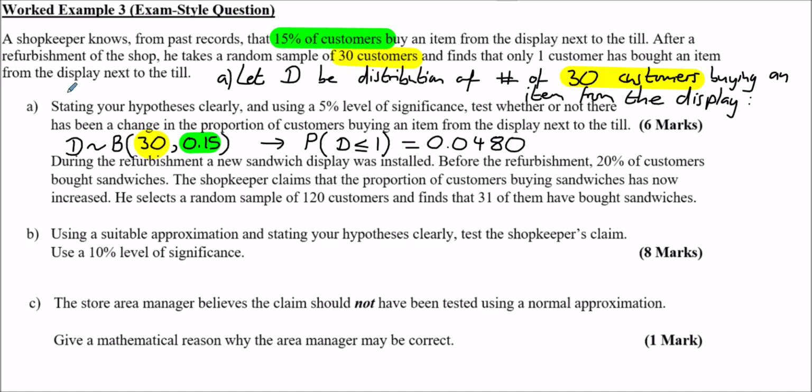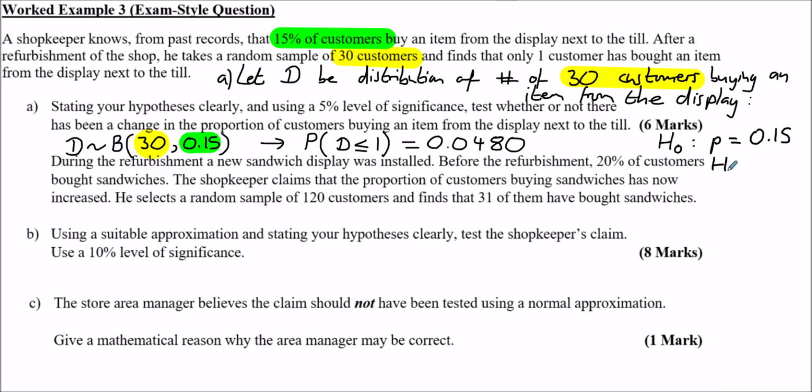So what we need to do as well, as I should have done at the beginning actually, is to state H0. So H0, we'd assume no change. We'd assume here that the proportion of customers buying an item is 0.15.